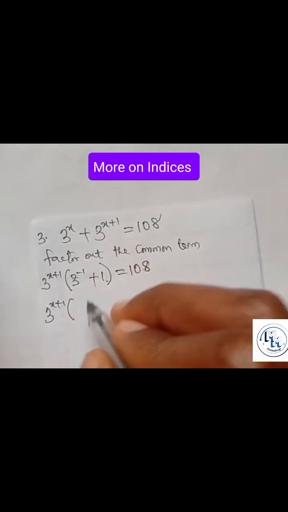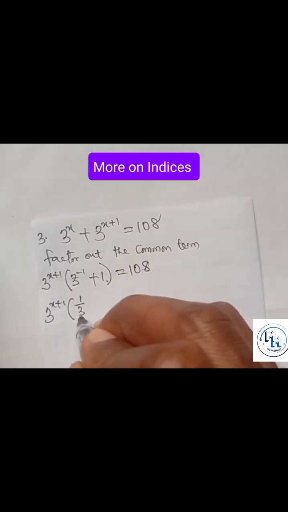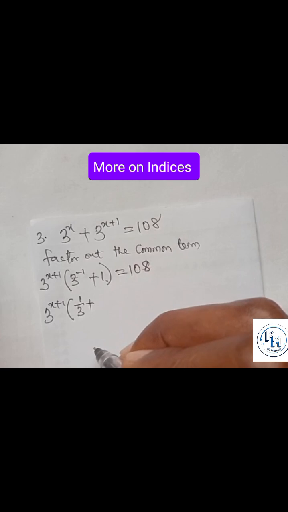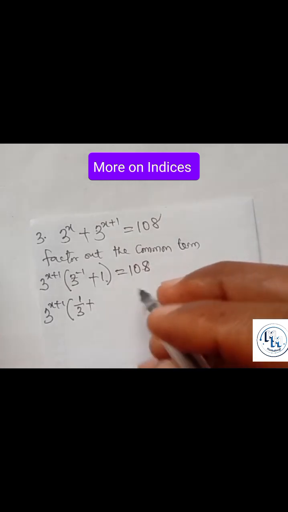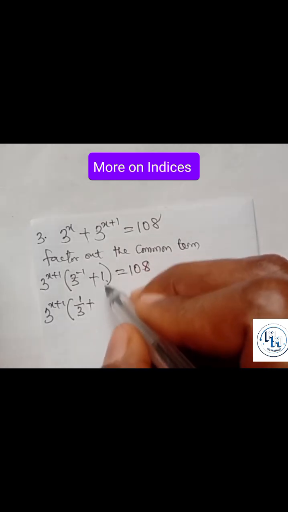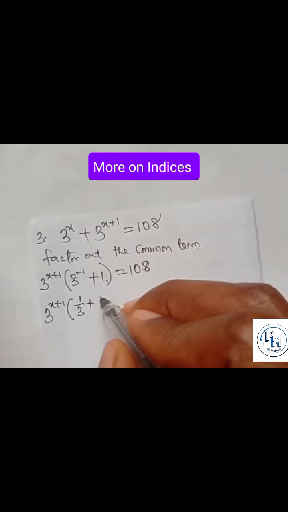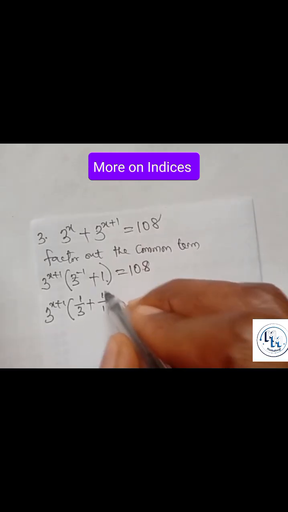This is something like saying 1/3. I want to show you something here. Let's make this a fraction, to make it easier for us. So 1/1 is something like writing 1.